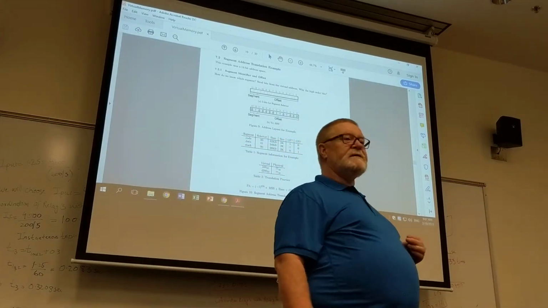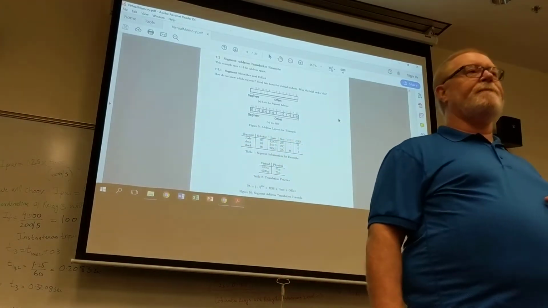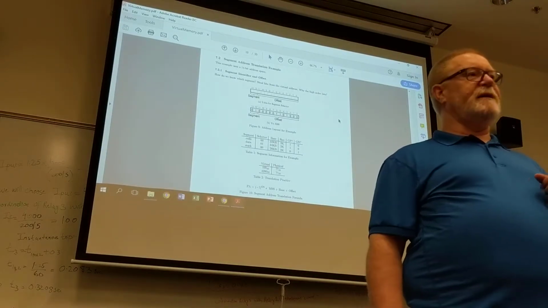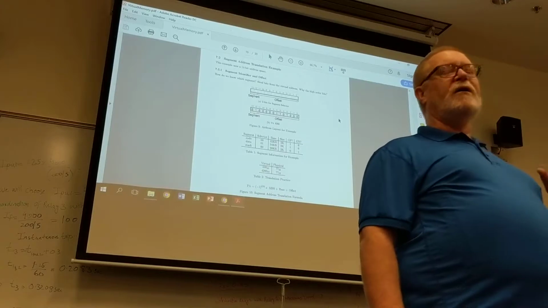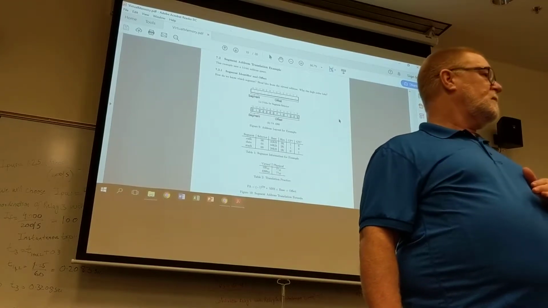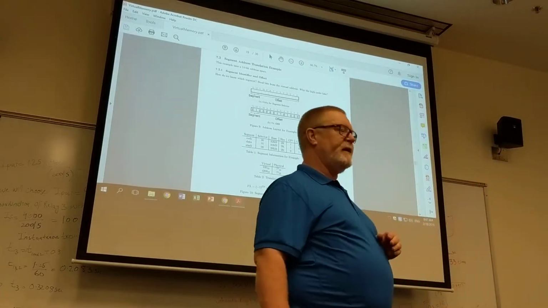So the maximum segment size is 4K, because that's what we can represent in 12 bits. Bits 0 through 11, when they're all turned on, is going to be 2 to the 12th minus 1, isn't it? That's how we can tell how big that is.